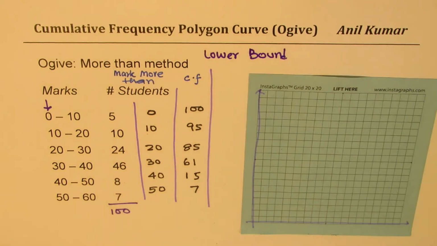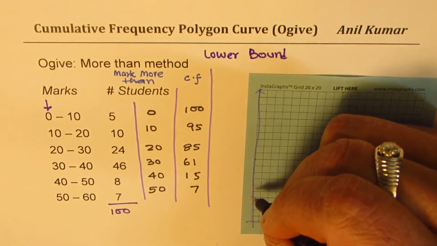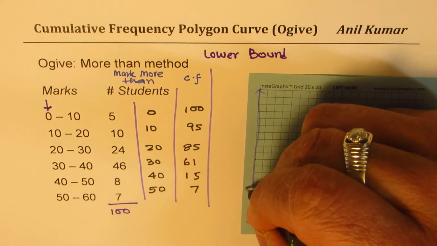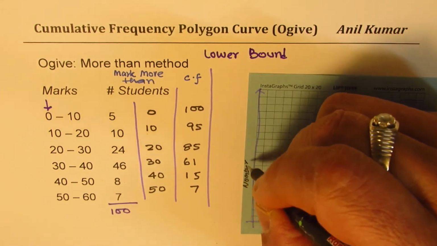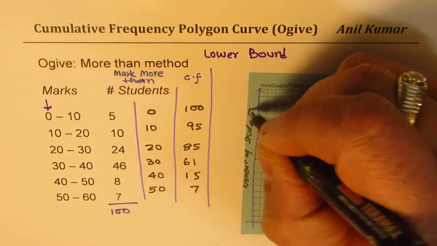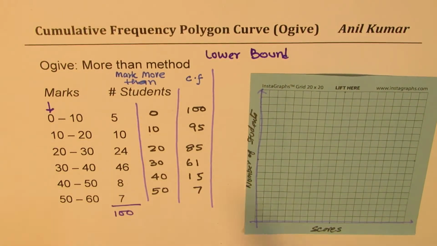So here, we'll put the cumulative frequency or the number of candidates, so we'll just write number of students here, and the scores on this side. Correct? Now, we have got our points.